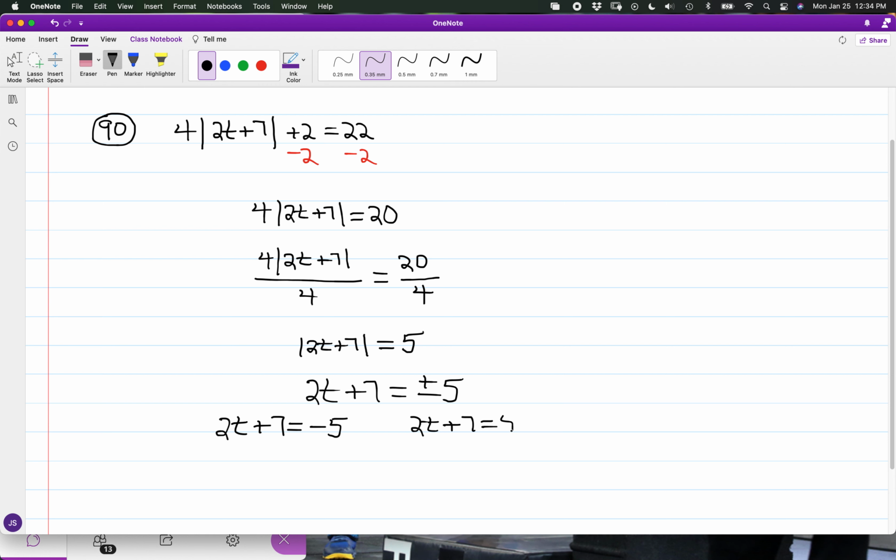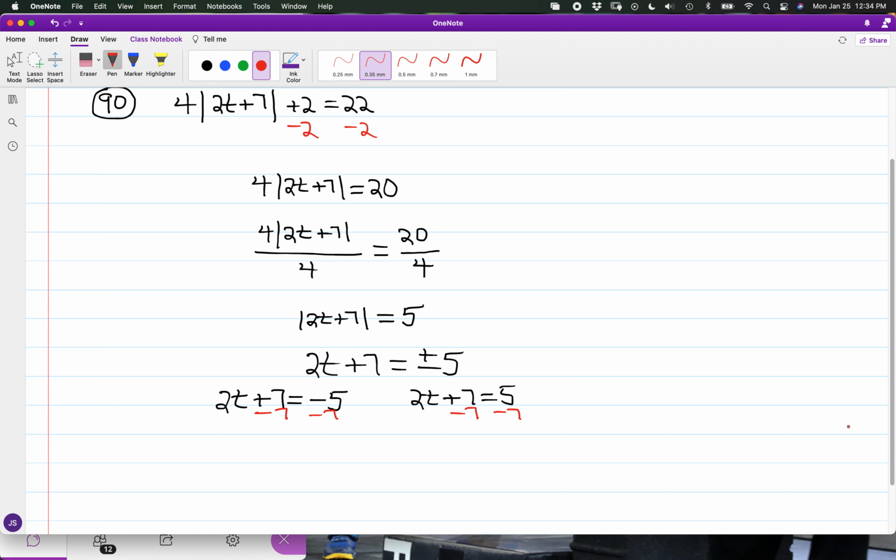Now, in solving for t, for both equations I'm going to take 7 away from both sides. For 2t plus 7 equal to negative 5, I have 2t is equal to negative 5 minus 7, which is negative 12.